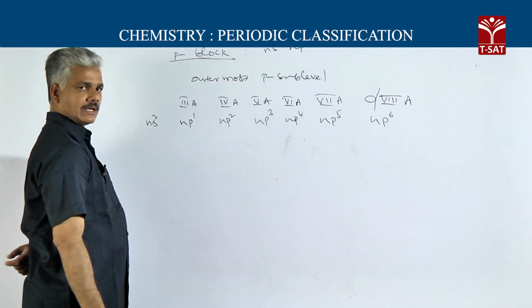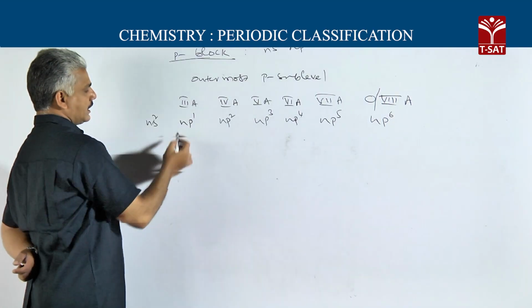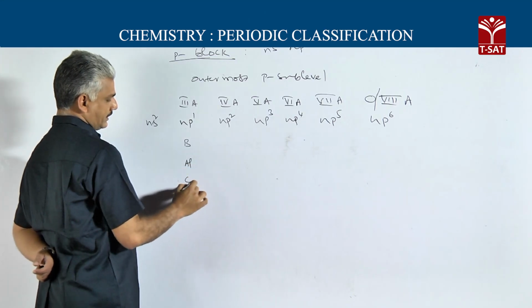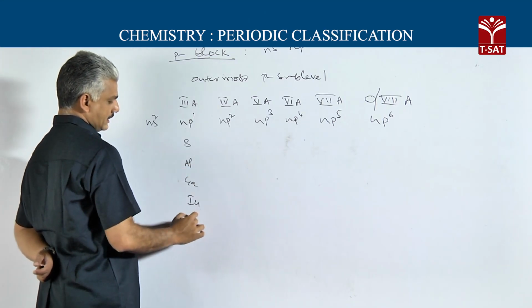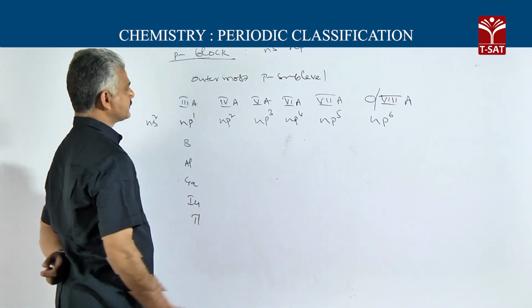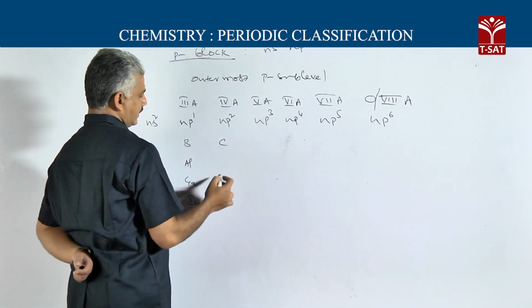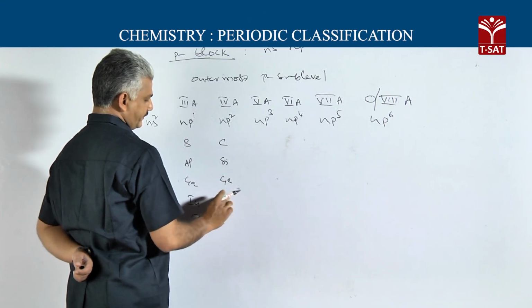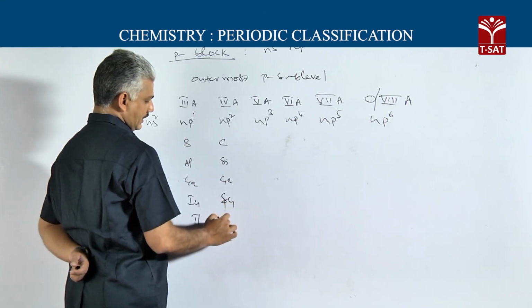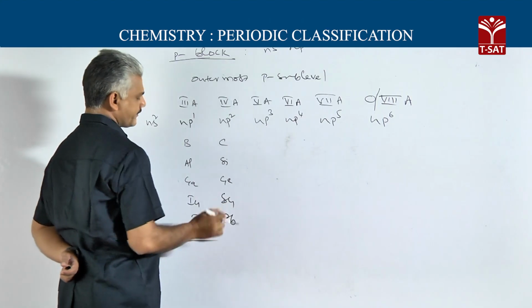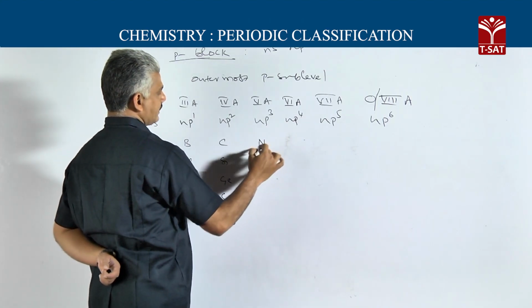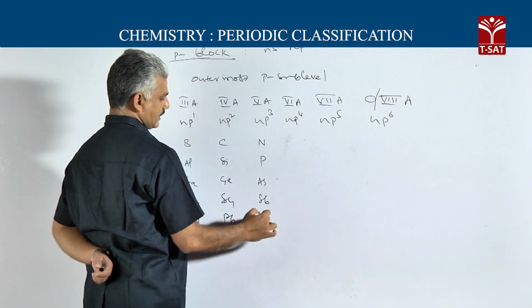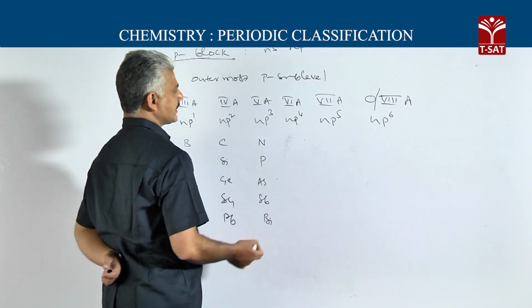Coming to the general characteristics, the elements present in the 3rd A group are boron, aluminum, gallium, indium and thallium. In 4th A, the elements present are carbon, silicon, germanium, tin and lead. In 5th A, the elements present are nitrogen, phosphorus, arsenic, antimony and bismuth.